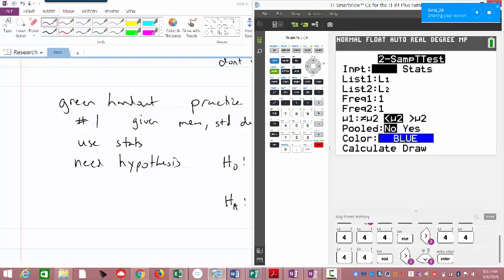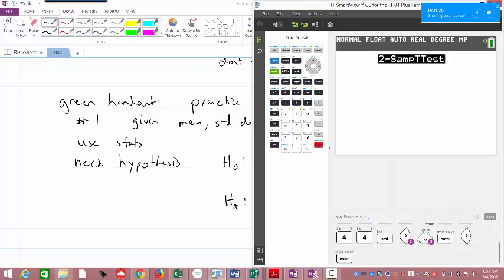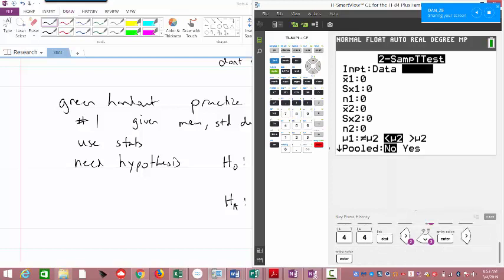Okay. So, go over to stats and hit enter. So your screen changes so you can enter stats. X with a line over it is the mean. So what is the mean from 8 a.m.? 70.8. Okay? The SX is what the calculator uses for standard deviation.